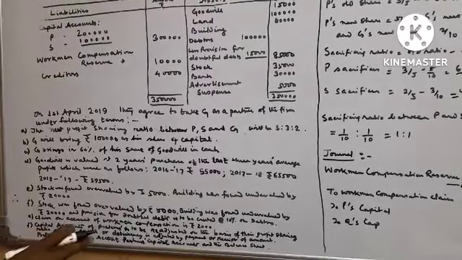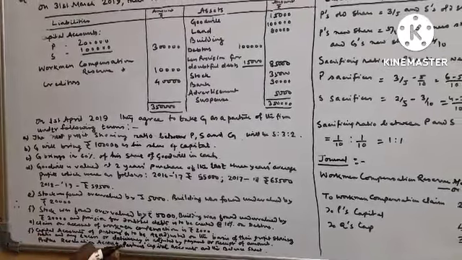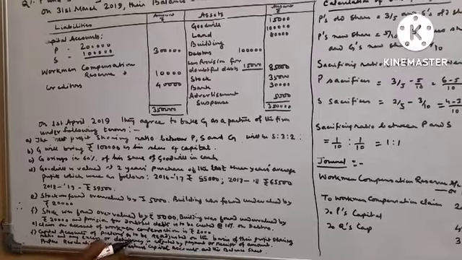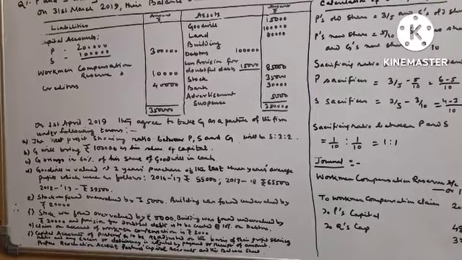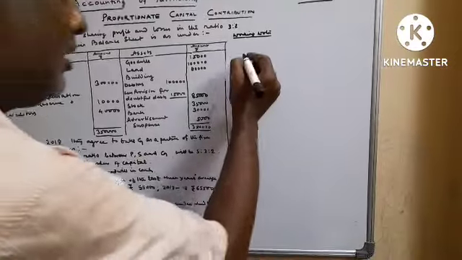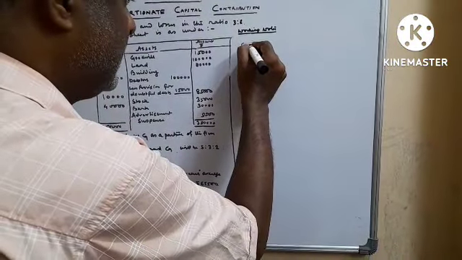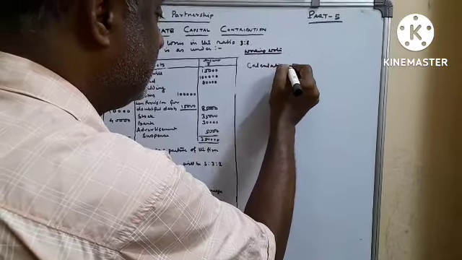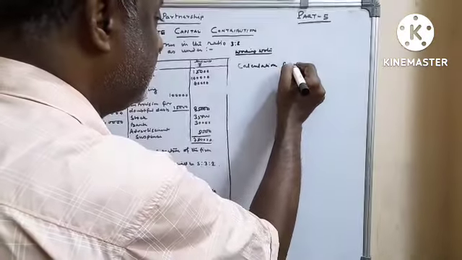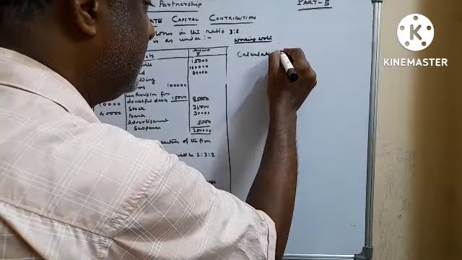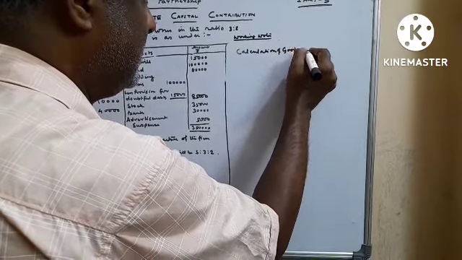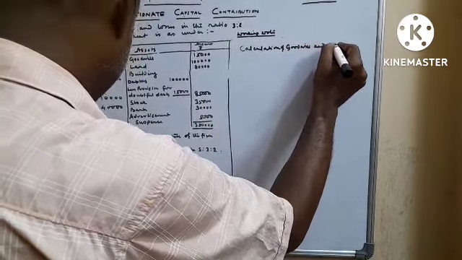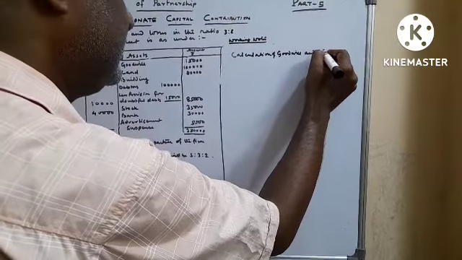We have to prepare revaluation account, partners capital account, and the balance sheet. Now we should find out calculation of goodwill and the new partner G's share.